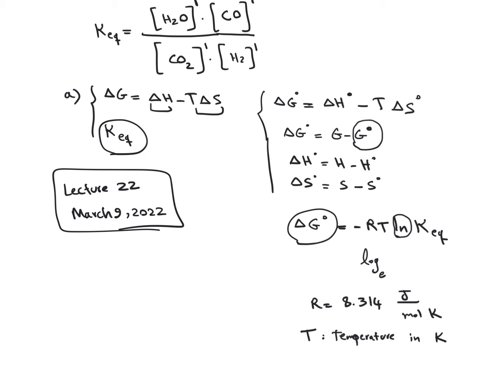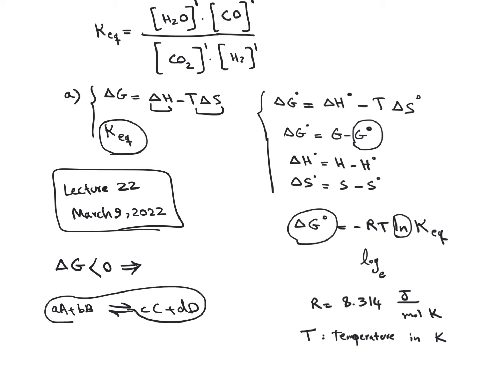In general, we had two criteria. If the difference in Gibbs free energy is negative, it means that the reaction occurs, or the reaction is spontaneous. In other words, if we have double arrow reactions, basically AA plus BB gives CC plus DD, and for this reaction, if delta G is negative, it means that this reaction occurs.